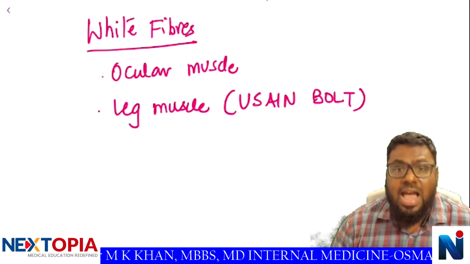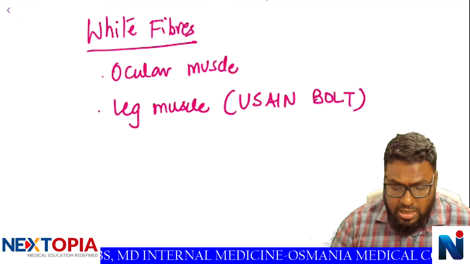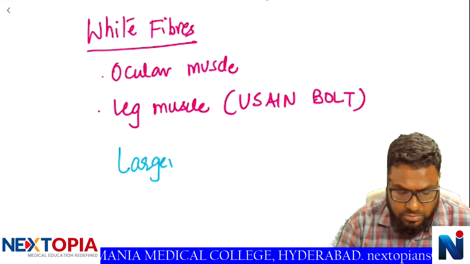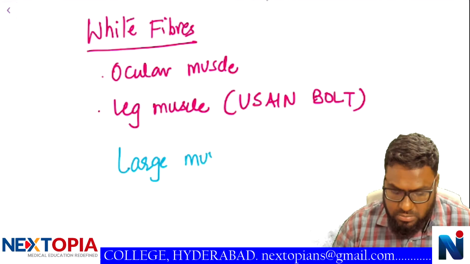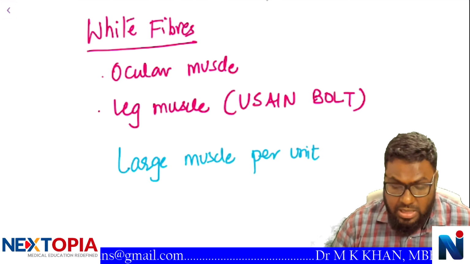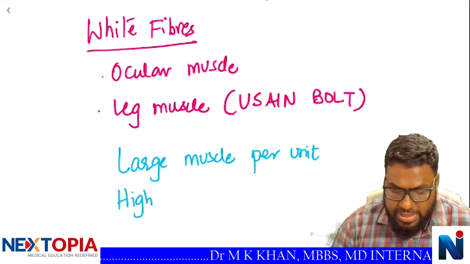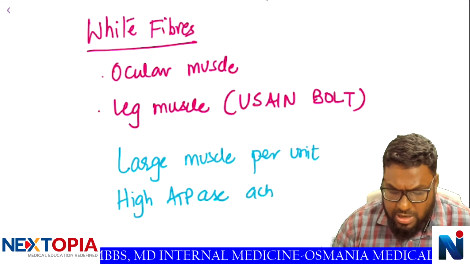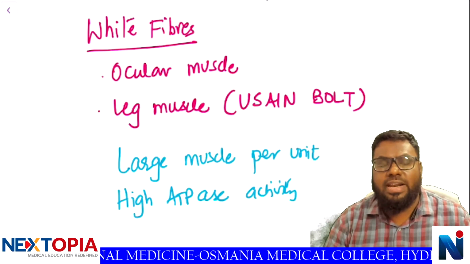What does that mean? I am talking about a large muscle per motor unit. This large muscle has high ATPase activity, hence rapid contraction, relaxation, contraction, relaxation.